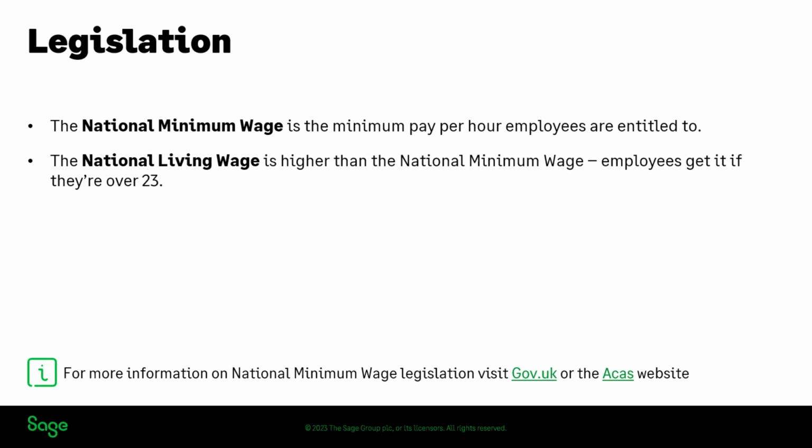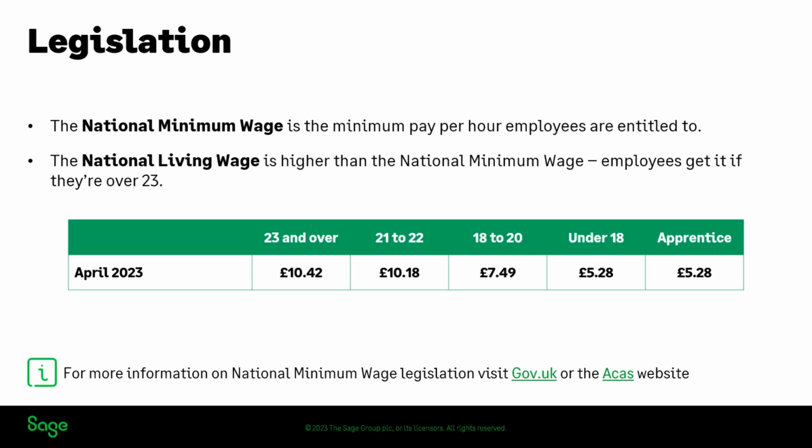Now the national living wage is higher than the national minimum wage, and it's the minimum amount an employee would get if they're 23 or over. So it's essentially the same thing, minimum wage and living wage. It's just that top rate has been given a slightly different name by the government.